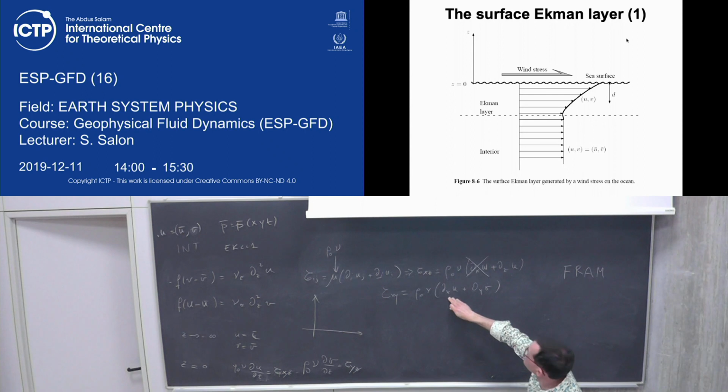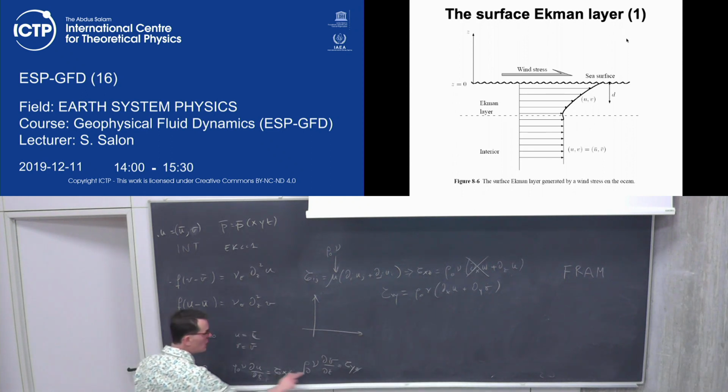This is just exactly what is the shear, if there is a shear in the x, in u, or in the y, in v, okay? But what we are interested in now is only the effect in the vertical.